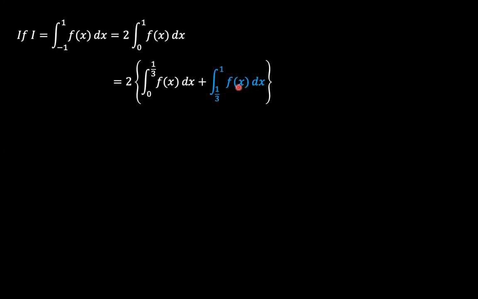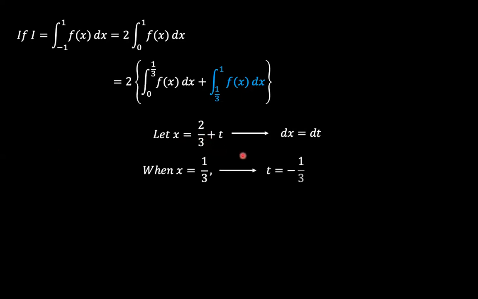Now, we also know that in the domain a third to 1, we can let x be equal to 2 over 3 plus t, and therefore dx is dt. When x is equal to a third, a third minus 2/3 means t is equal to negative a third.